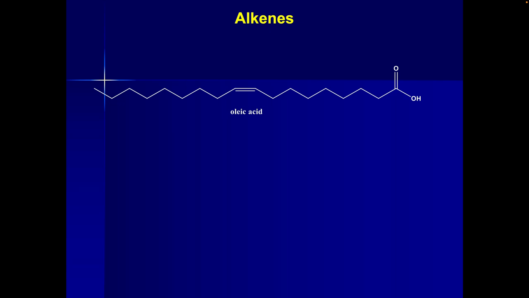These fatty acids are called fatty acids because you've got all of this carbon and a carboxylic acid. We have several types of fatty acids. Here's an example of oleic acid, and here's stearic acid. This one's called an unsaturated fatty acid because it has an alkene. The bottom one, stearic acid, is called a saturated fatty acid.